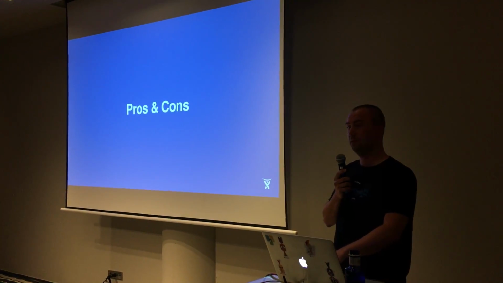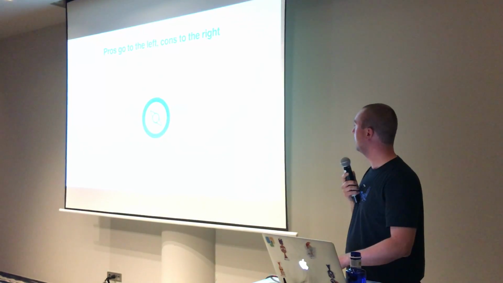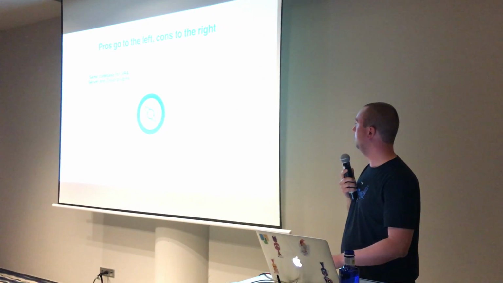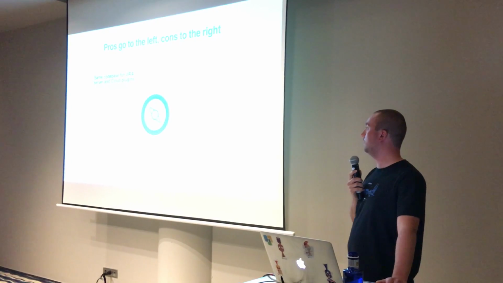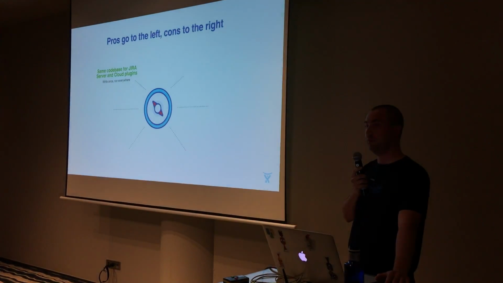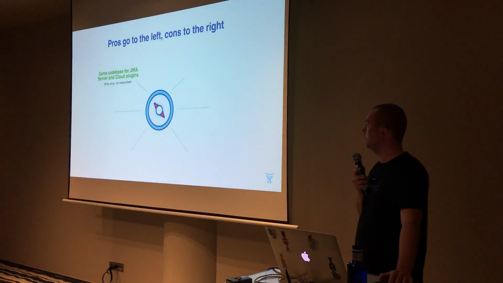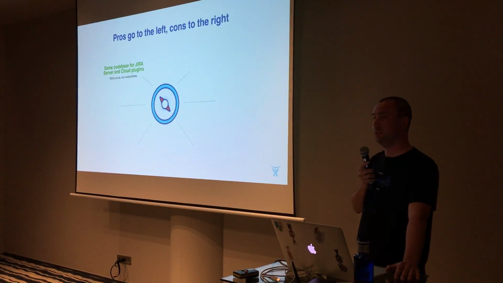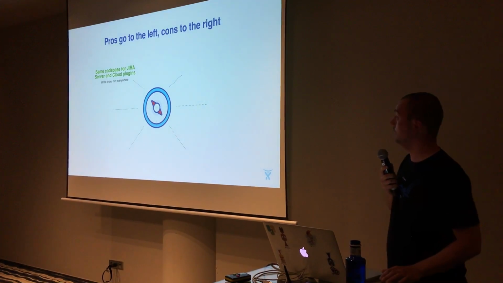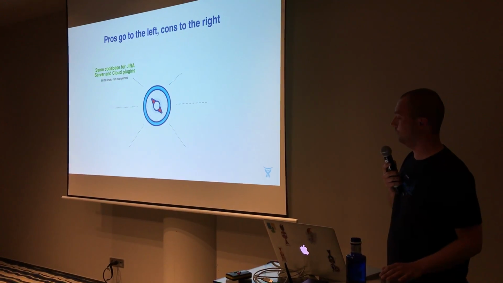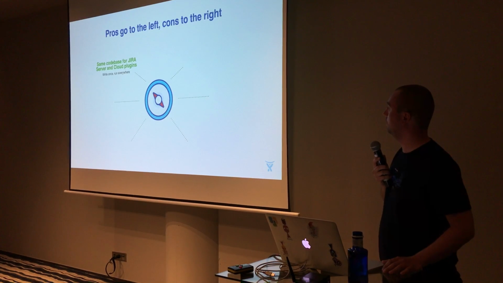And now the pros and cons of this solution. The biggest pro: we have the same code base for JIRA Server and JIRA Cloud plugins. It's not 100% the same, but it's about 80%. I think it's still a huge win, because we don't have to maintain two code bases.